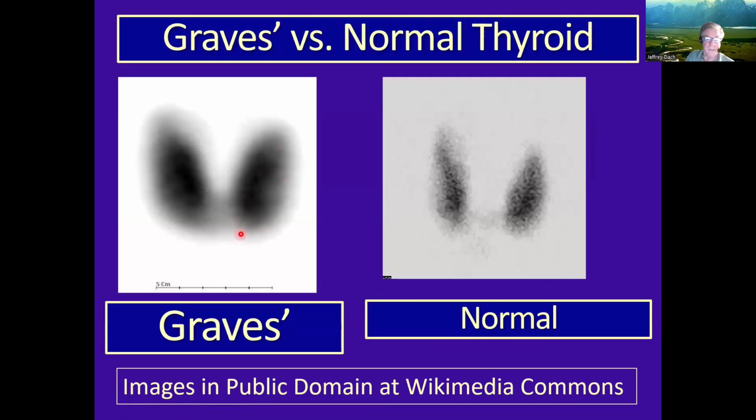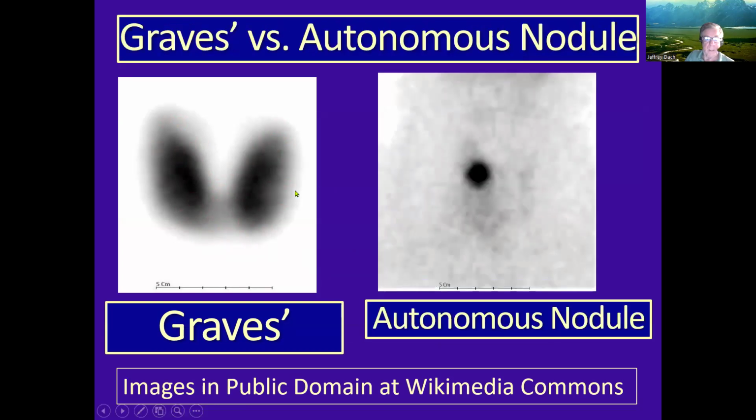Here on the left, we see a Graves' disease patient with a smoothly enlarged, hypertrophied thyroid gland with increased radioactive uptake. These glands are stimulated by the Graves antibodies, the TRAB and TSI antibodies. On the right, we have normal for comparison. Another scan shows a hot nodule on the right.